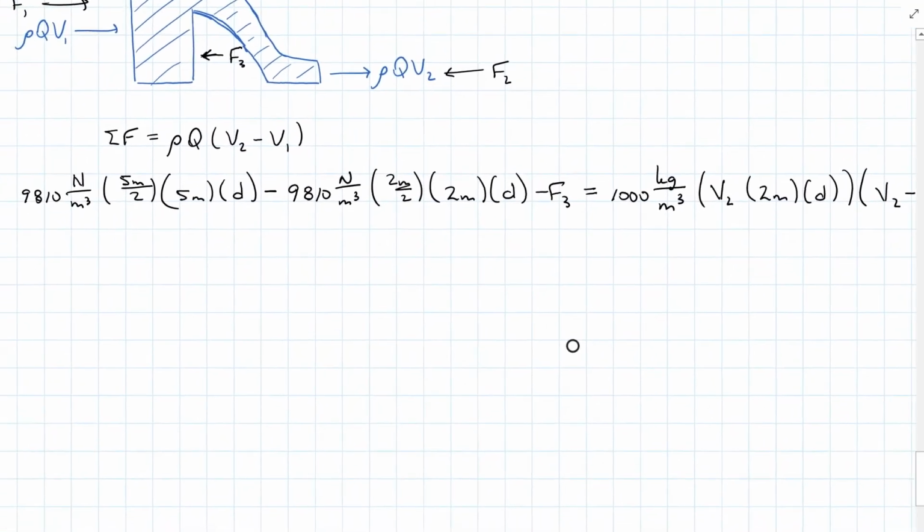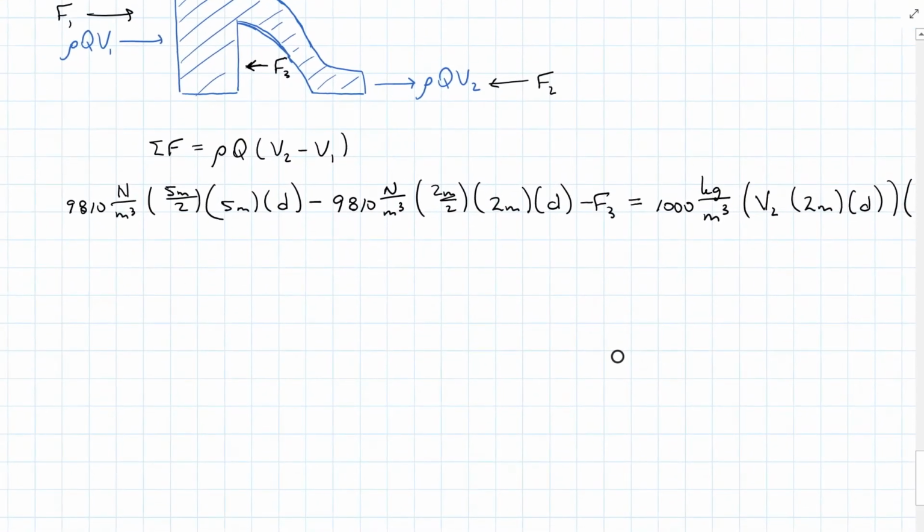All right, I have a lot of unknowns in this equation, so let's clean it up a little bit. All of our units are in newtons, meters, kilograms, and seconds, so I'm just going to leave that. And I've combined all my constants to get 103,005D minus F3 is equal to 2,000 V2D times the difference V2 minus V1. All right, I can get a relationship between V2 and V1 using continuity.